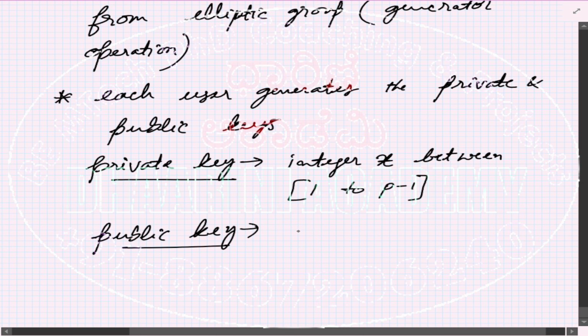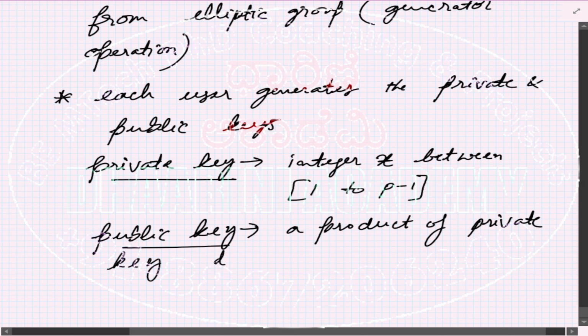Then the public key is a product of the private key and the base point.